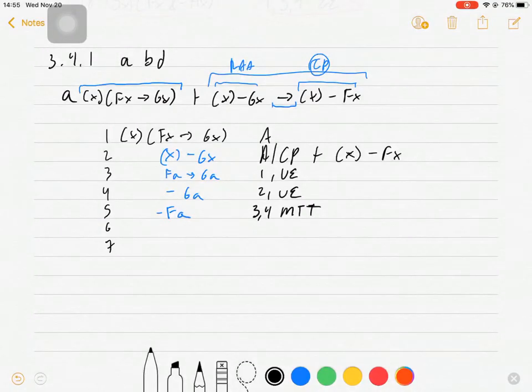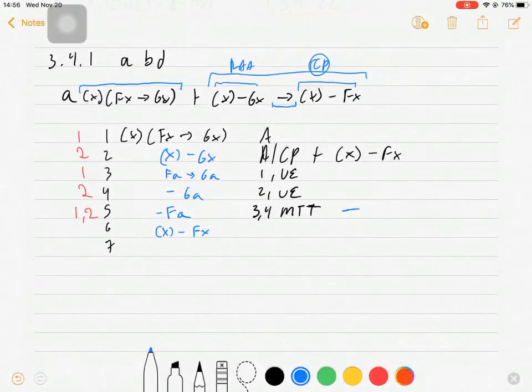And then before I finish the next one, let's go ahead and fill in the assumption numbers. So we have a 1, we have a 2. That's a 1, that's a 2. This is from 1 and 2. The next step that we're going to do here is actually going to be to use UI to make this universal x negation Fx.